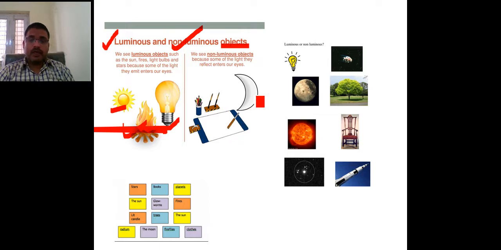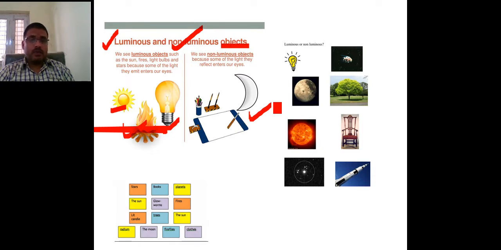And here is another example, which gives you more clarity: the moon. The moon has no light of its own, but why can we see it?